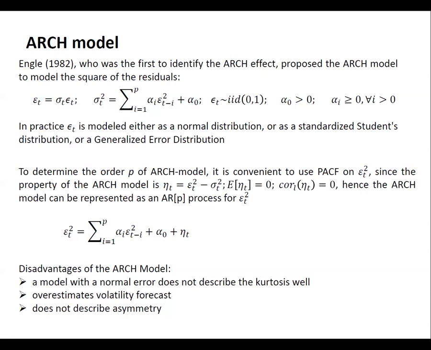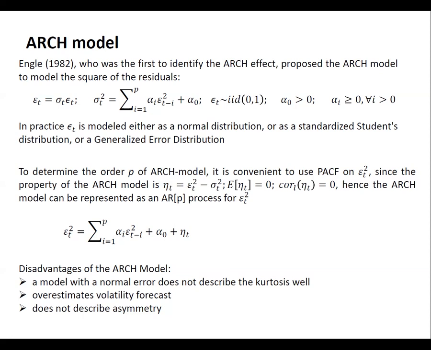That is, the ARCH model is the usual AR process for epsilon squared, and they are two equivalent representations. Therefore, PACF is quite suitable for determining the order of the ARCH model.